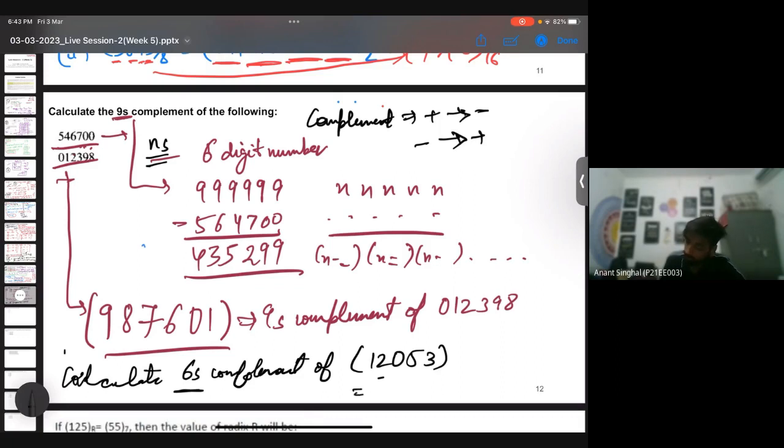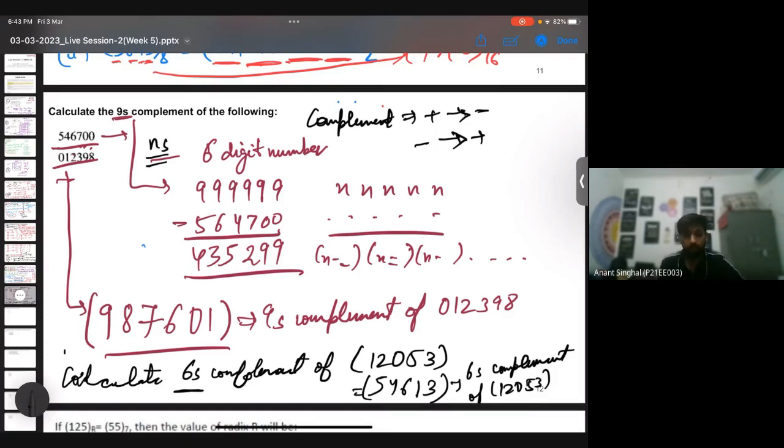So I can write it directly: 6 minus 1 is 5, then 6 minus 2 is 4, then 6 minus 0 is 6, then 6 minus 5 is 1, then 6 minus 6 is 0. So this is the 6 complement of this 12053.